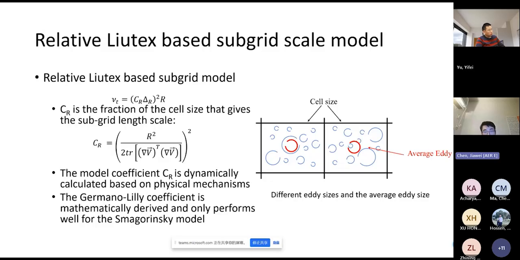This figure shows the concept. In each computational cell, you have eddies of different sizes, and CR represents the fraction of the cell size that corresponds to the average eddy size that should be modeled at the subgrid scale. This physical basis makes our model more adaptable to different flow conditions.